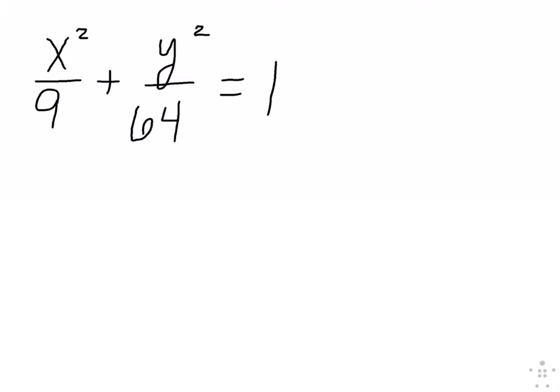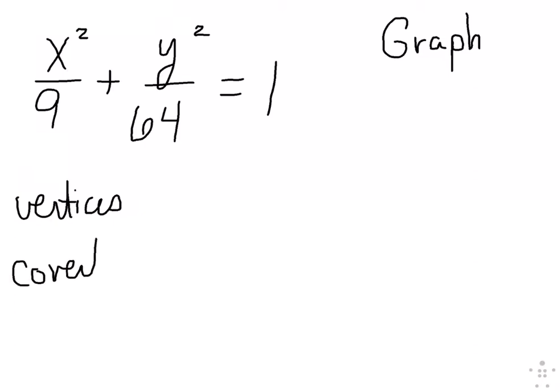That's how the problem is going to look. The directions are going to ask you to graph it, identify the vertices, co-vertices, foci. That's what it's going to ask you to do.